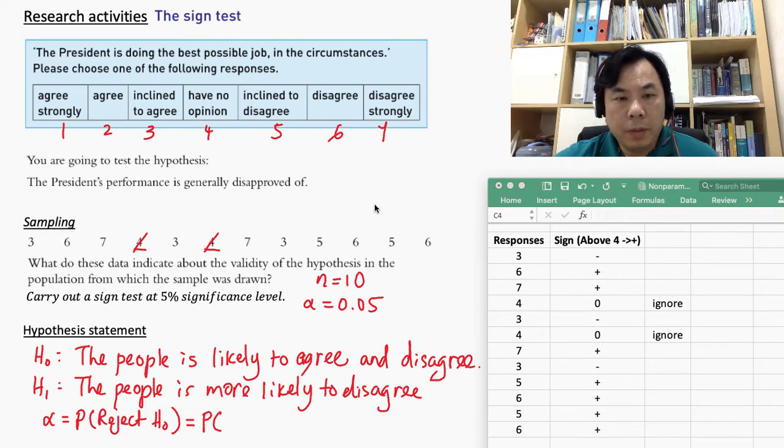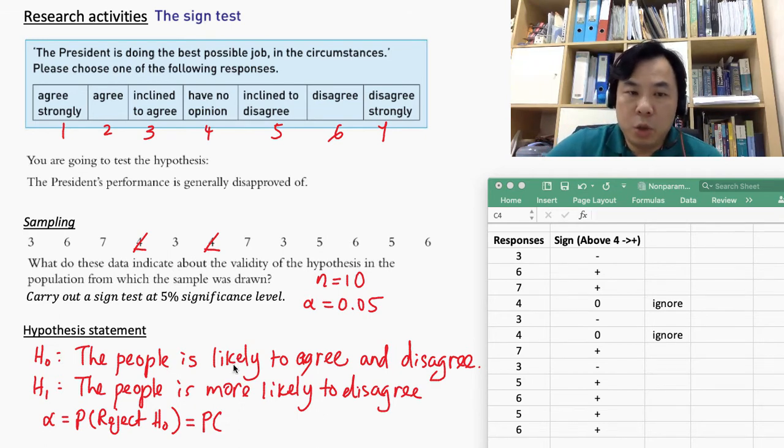All right, as I mentioned before, alpha represents the probability of rejecting the null hypothesis, even though there's a chance that the null hypothesis is true. Now in order to reject the null hypothesis, you want to get as many responses that would disagree with the statement itself.